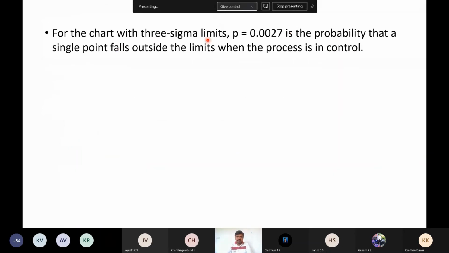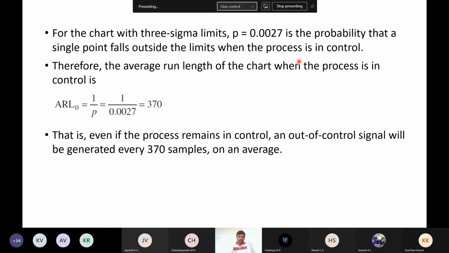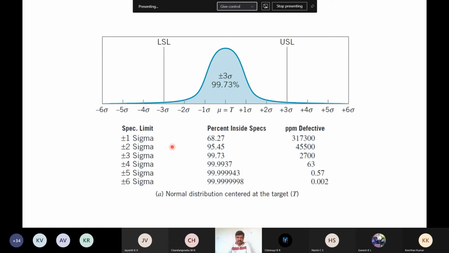For the chart with 3 sigma limits, the value of P will be 0.0027. How are we going to get this? Here you can see percent inside specification limits. If you choose plus or minus 3 sigma, 99.73% of the points will lie within plus or minus 3 sigma.